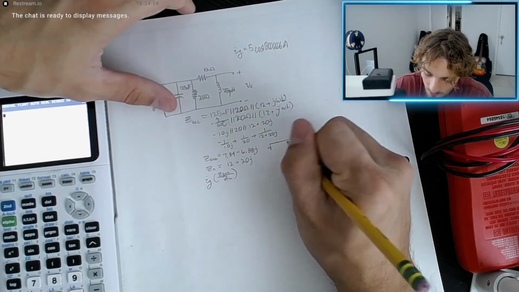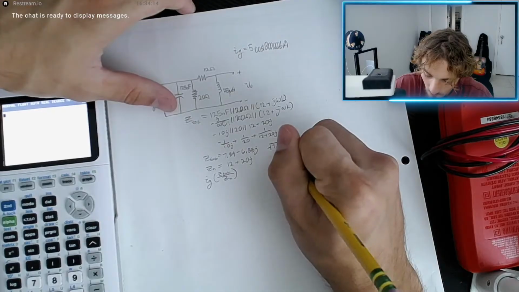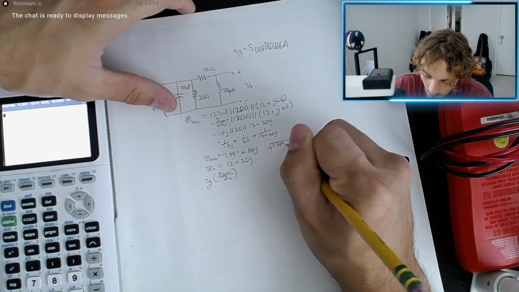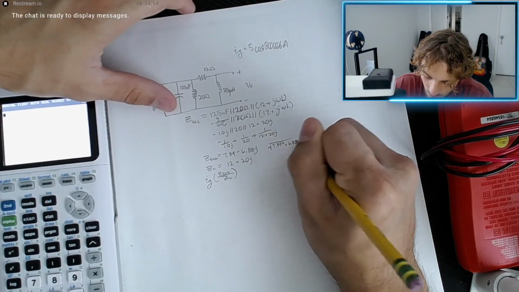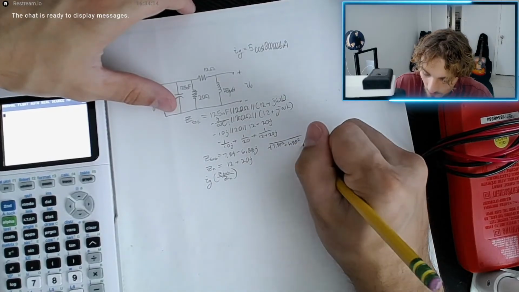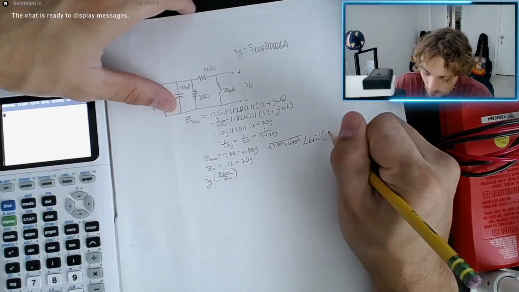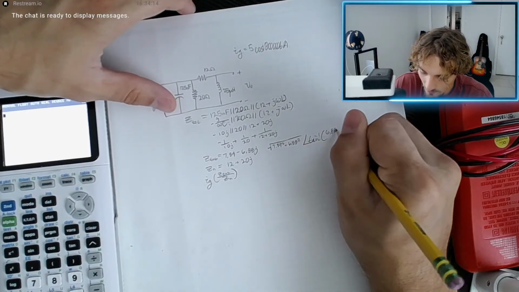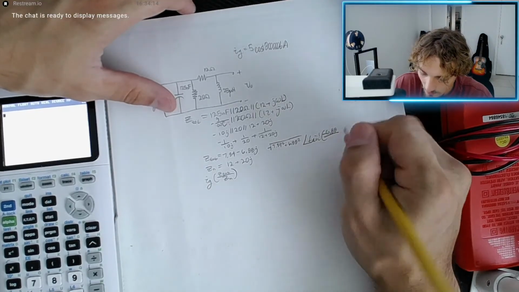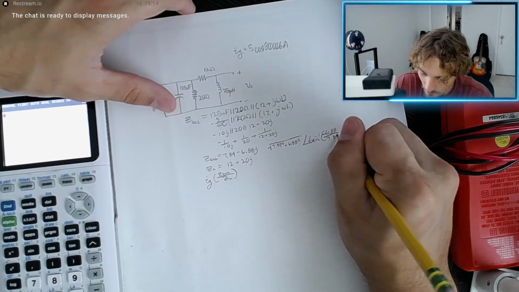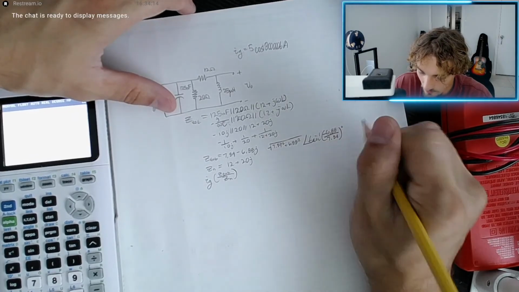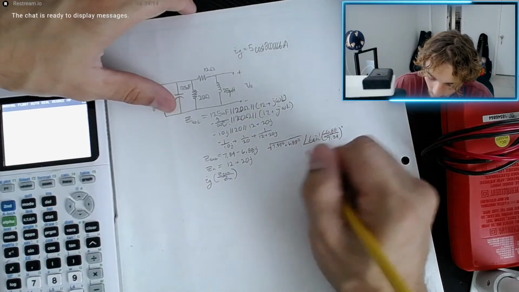We're looking at the square root of 7.84 squared plus 6.88 squared, and then the phase would be the inverse tangent of negative 6.88 divided by 7.84, in degrees.